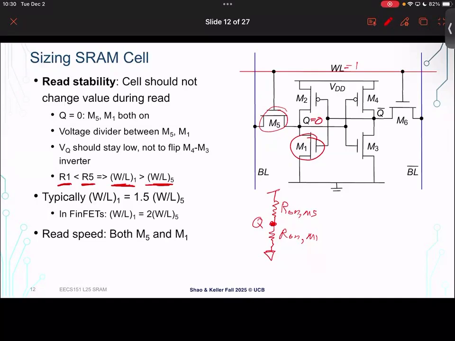Unfortunately, with FinFET nodes, sizing in SRAMs became a lot more challenging because in FinFETs, you don't get to size an arbitrary width. You only get to count fins, right? So in FinFETs, typically you would size M1 to be double the size of M5.